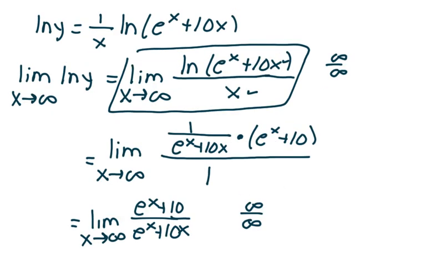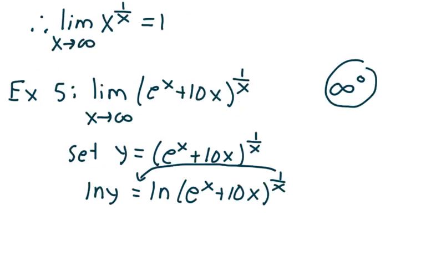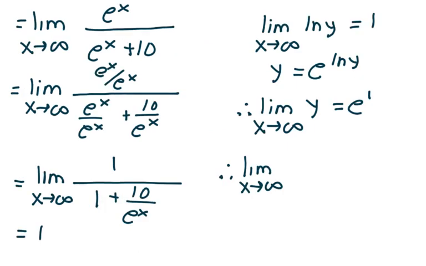If we go back to the previous page, y is equal to e to the x plus 10x to the 1 over x. So it looks like that limit is actually e. And that's going to conclude this video for section 4.4, where we did 5 more examples. Okay, thank you.